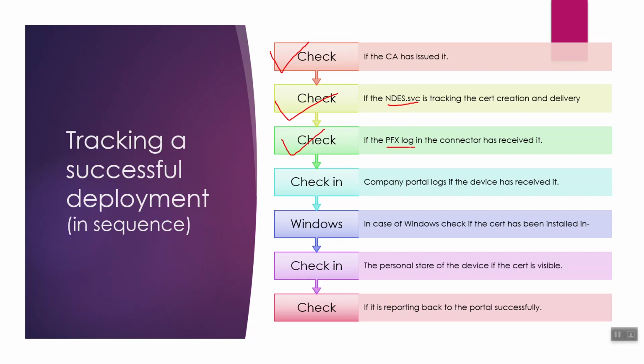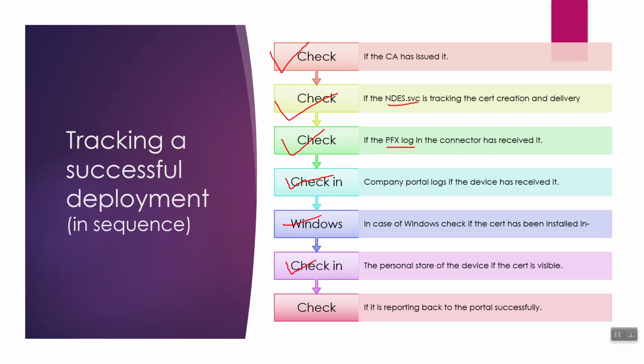And once the certificate reaches the device, we can check the company portal logs of the device. In case of Windows, we can check the event viewer and see whether the certificate was received and installed successfully or not. If it was installed, then we can go to the personal store of the device. In case of Windows, we can open up an MMC. In case of Android or iOS, we can go to the internal search and see whether the certificate is showing or not.